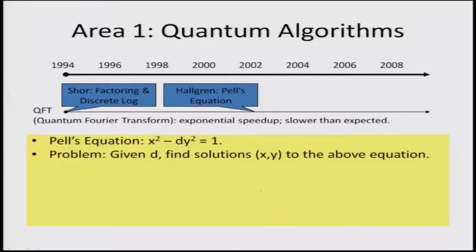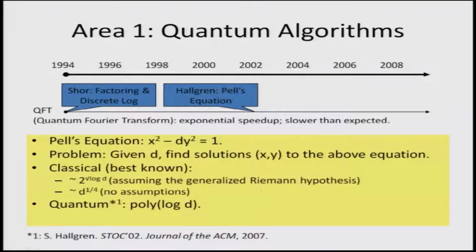Next, in that region, came some more developments which were shown in recent times, the Hallgren-Pell equation. It is a mathematical problem which says that given a term d, find the solutions x, y to x squared minus d y squared equal to 1.